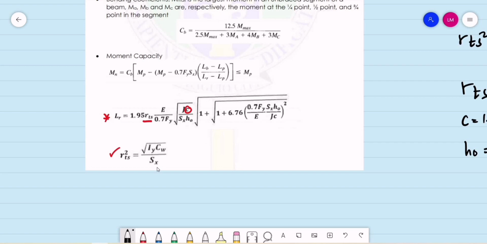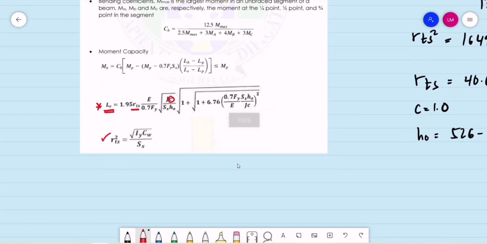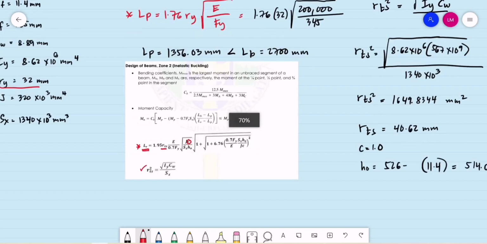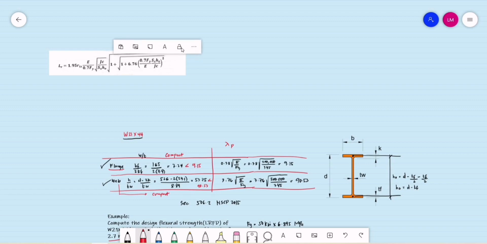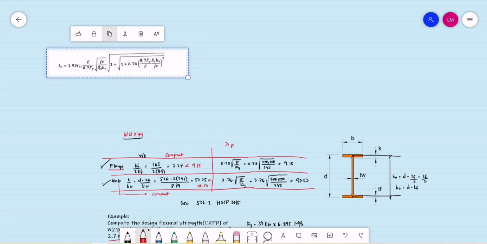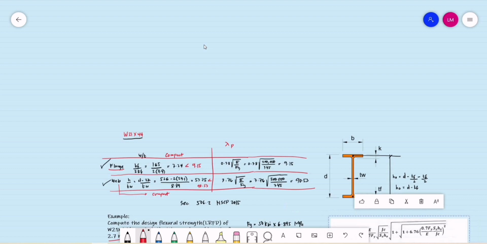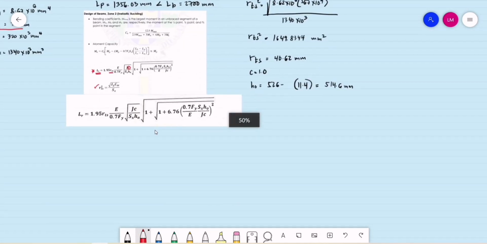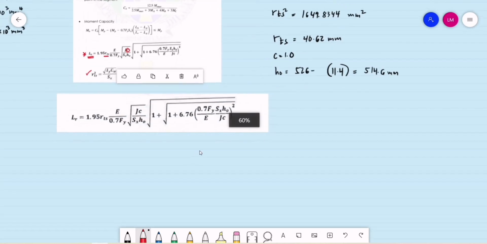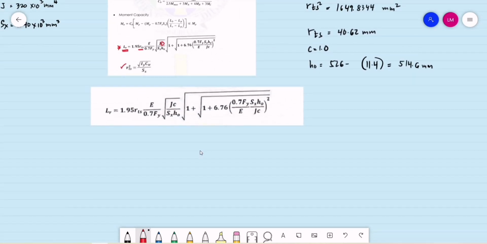So we are now ready to compute the value of L sub R. Let's have a copy of that equation. We now substitute.